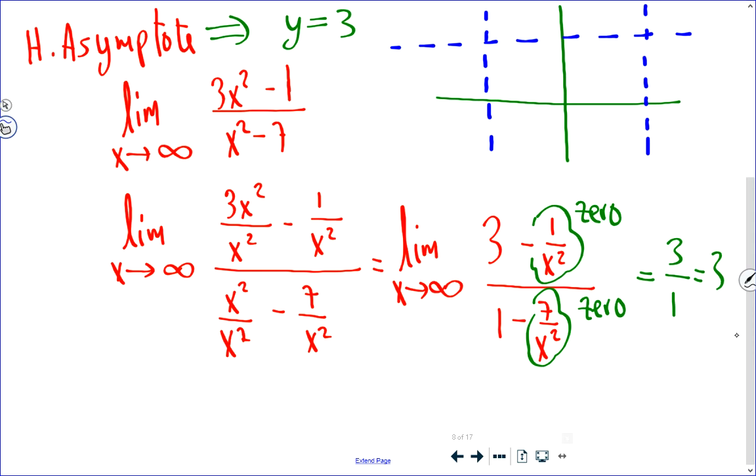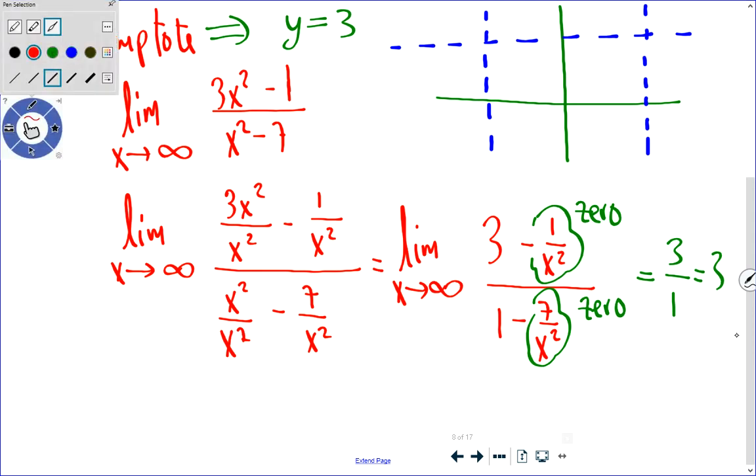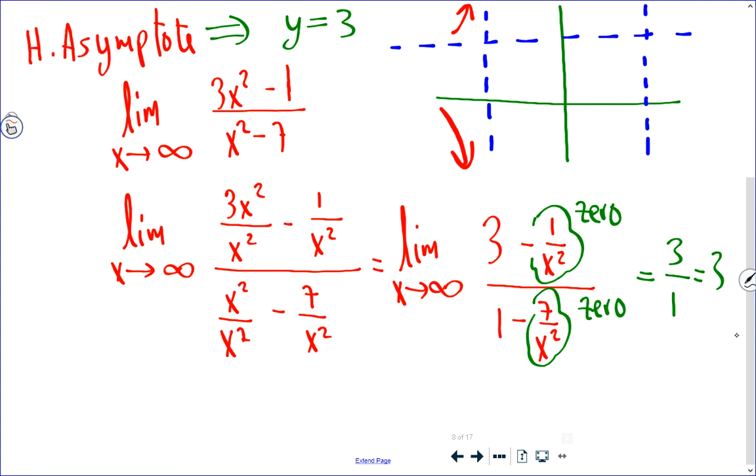Whether the graph with the vertical asymptotes goes down here or up here is determined by looking at the left and right-handed limits. It can't go up and down, it's going to be one or the other. But essentially, that is what we know about the graph. It has those asymptotes.